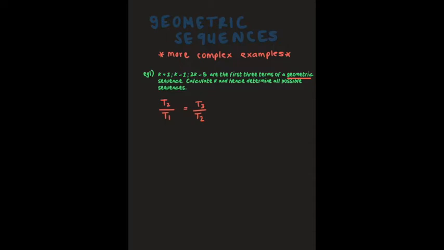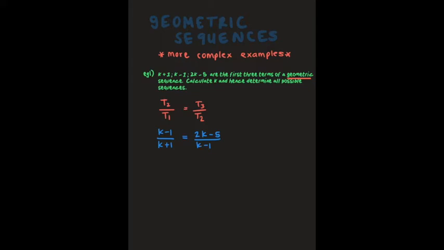Term 2 is k minus 1, term 1 is k plus 1, is equal to term 3, which is 2k minus 5, over term 2, k minus 1.